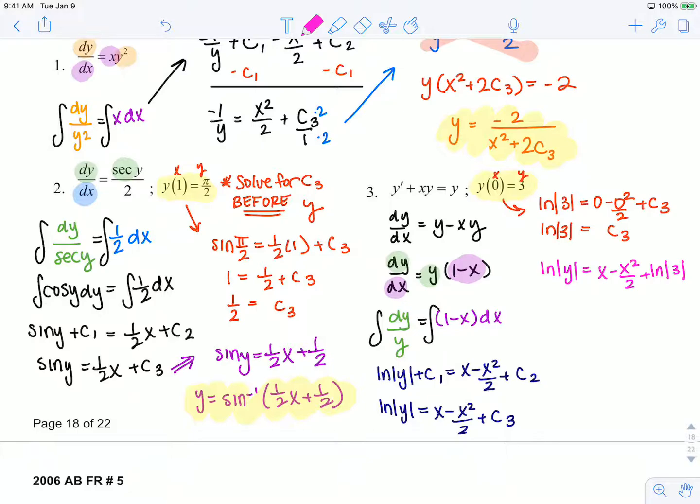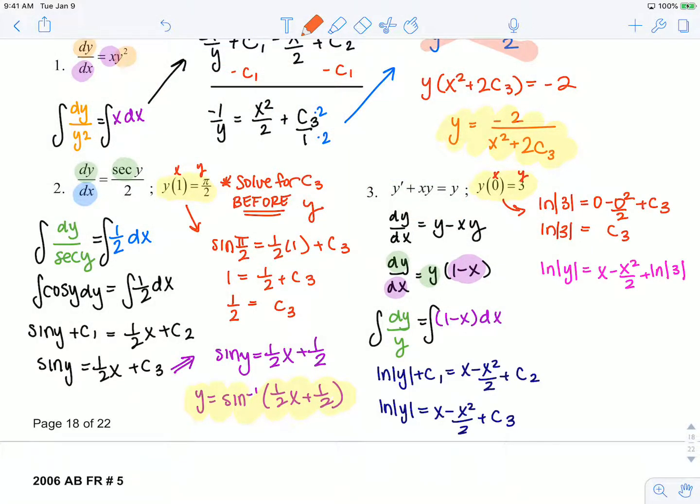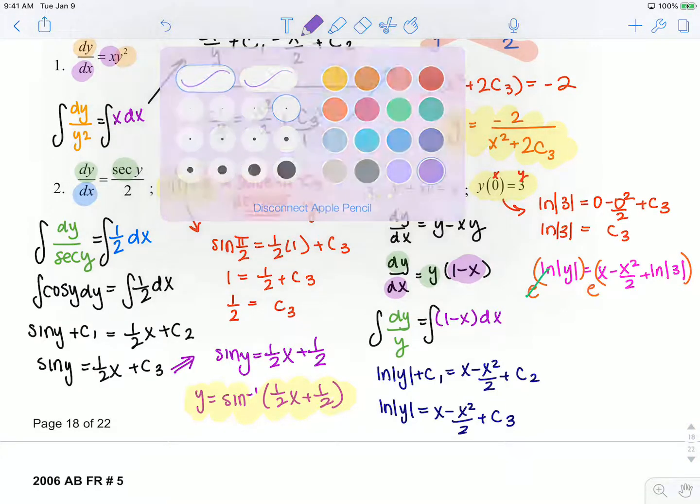In order to solve for y, I'm going to exponentiate each side. So we know e to the ln cancels and just leaves y.